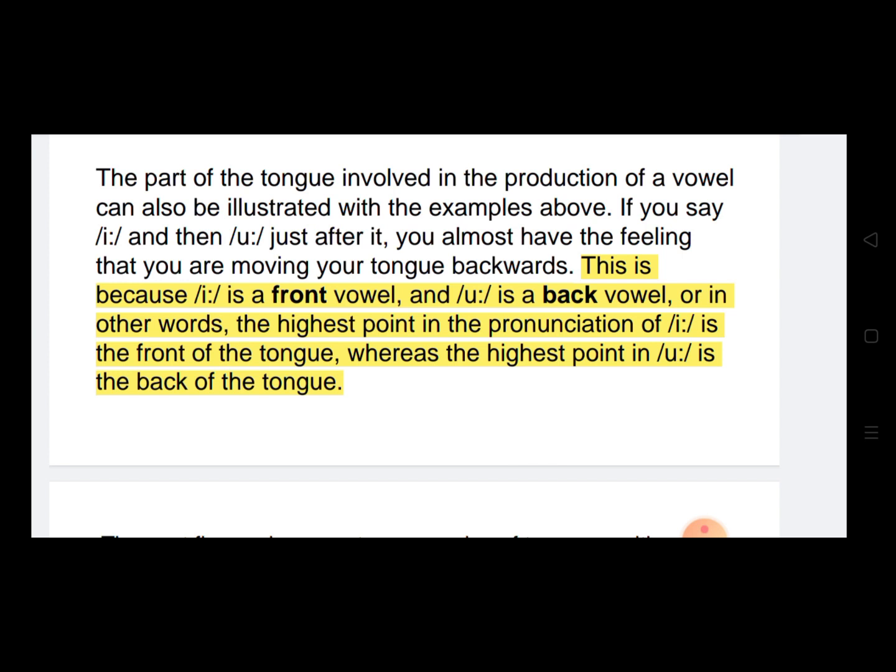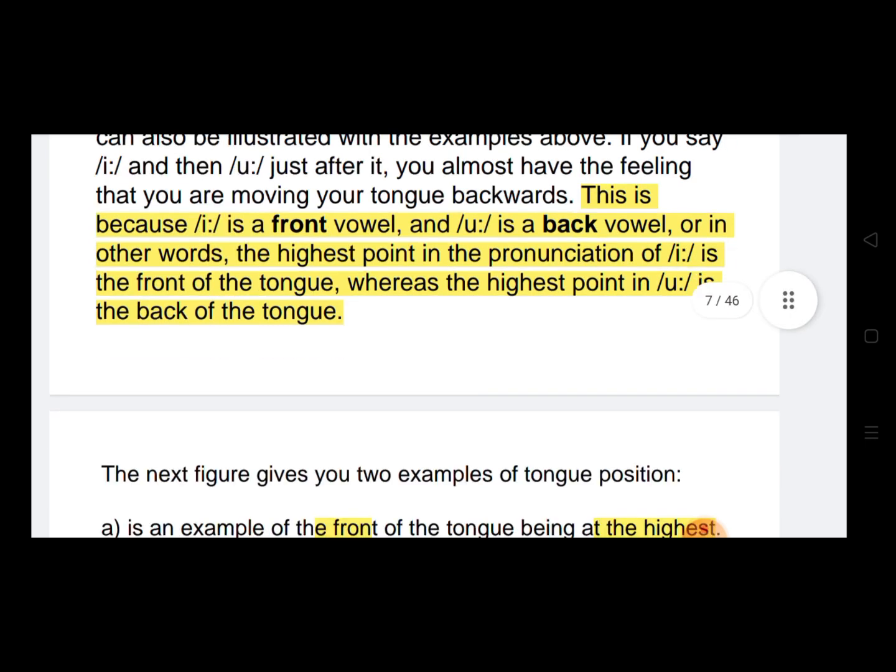So we'll discuss another quality of vowel sounds, that is front vowels and back vowels. This refers to the sensation while producing the vowel. As you observe, while pronouncing E your tongue moves to the front, while pronouncing U your tongue goes back. In other words, the highest point in the pronunciation of E is the front of the tongue, whereas the highest point in U is the back of the tongue.